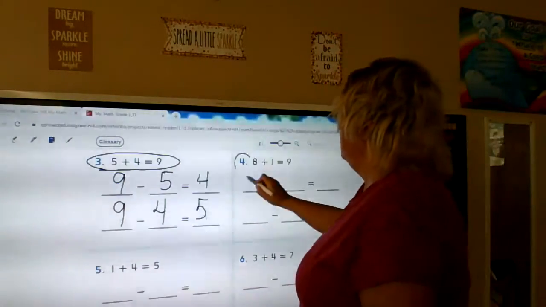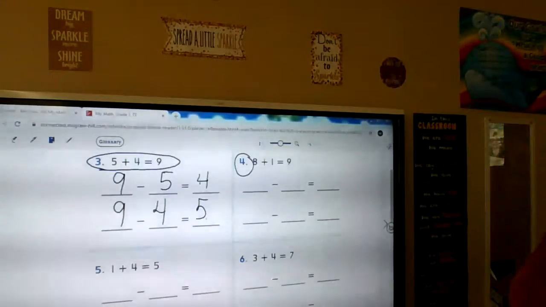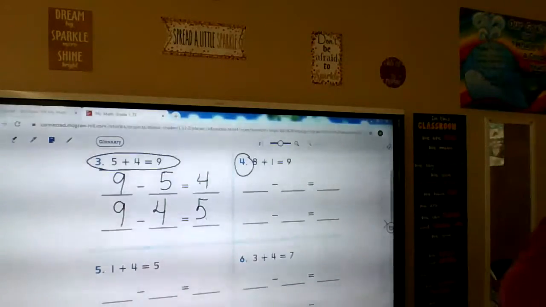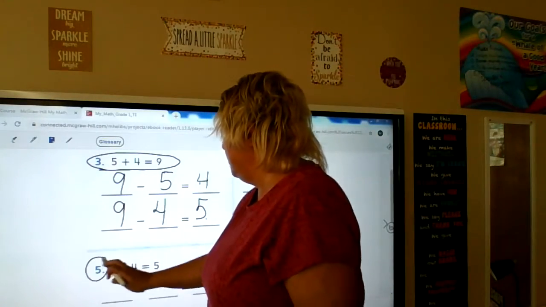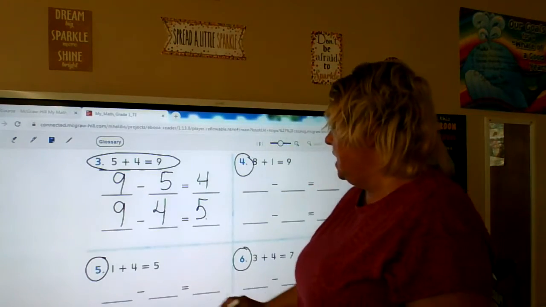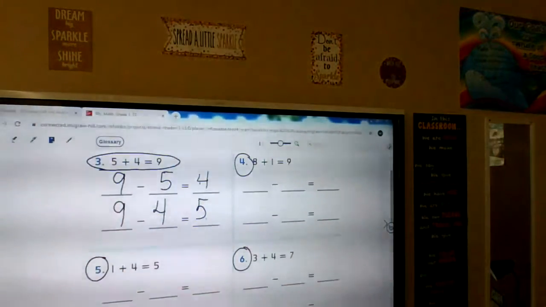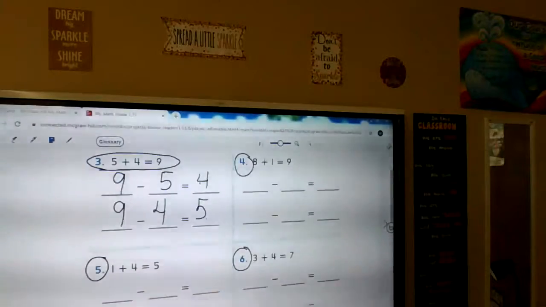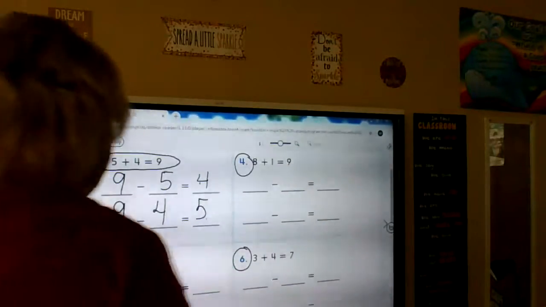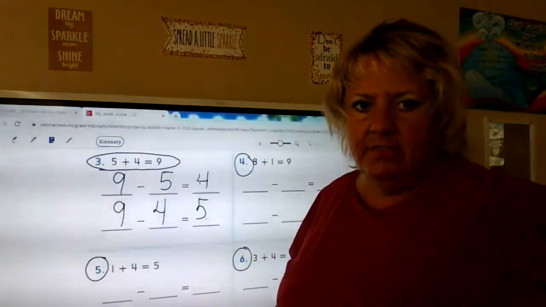Okay, I want you to do number 4 by yourself. And 5 and 6, you're going to do by yourself also. Yep, you're going to do this whole page by yourself.